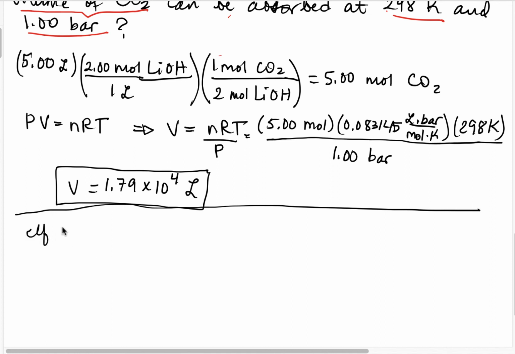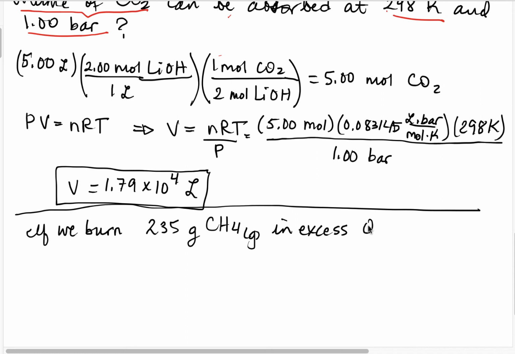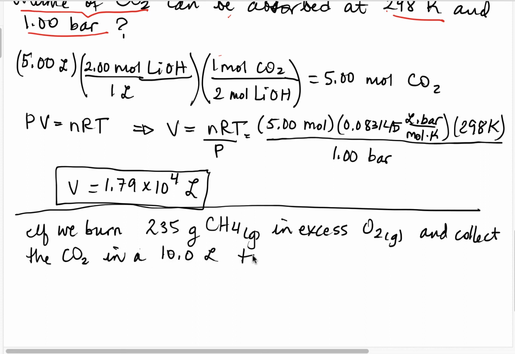So if we burn 235 grams of methane in excess oxygen and collect all of the carbon dioxide, we're going to collect it in a 10-liter tank at 298 Kelvin.